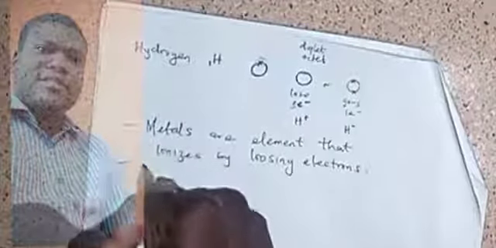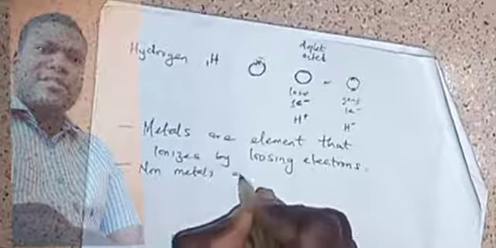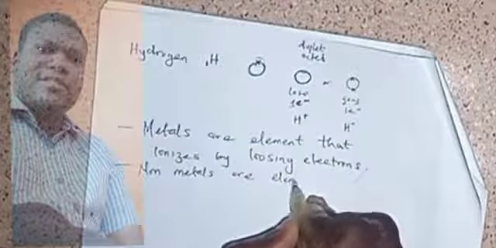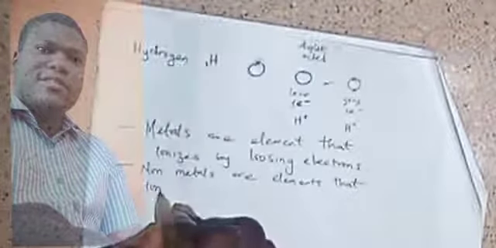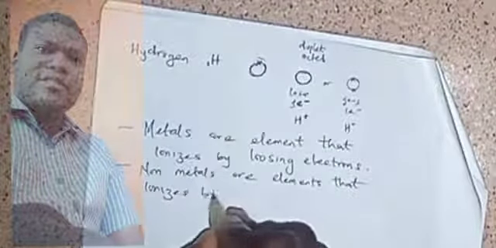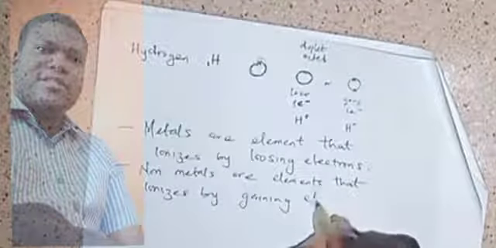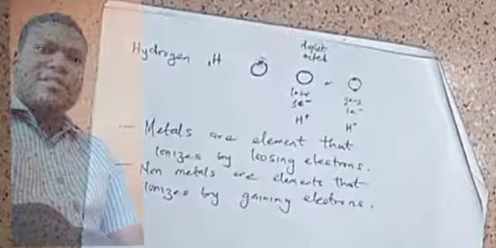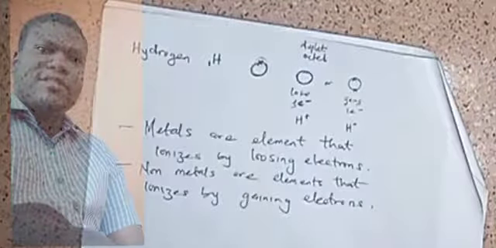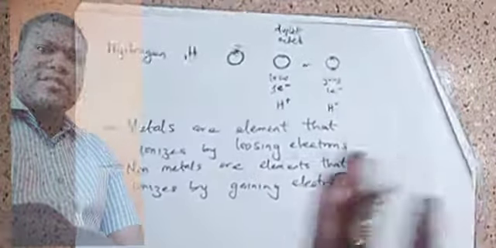Non-metals are elements that ionize by gaining electrons. So when something gains electrons, we call it a non-metal, while when something loses electrons, we call it a metal. It is very important that we know this as we talk about the first 20 elements.